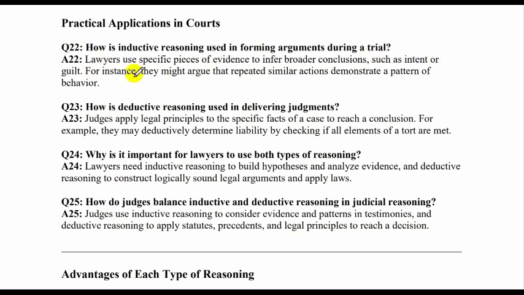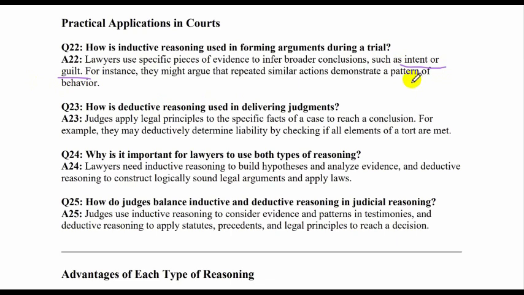So let's go through this again. Lawyers use specific pieces of evidence to infer broader conclusions. So they take up an evidence and expand it to cover broader conclusions such as intent or guilt. So the lawyer's task is to prove that the person intended or had the guilty mind or guilty action.